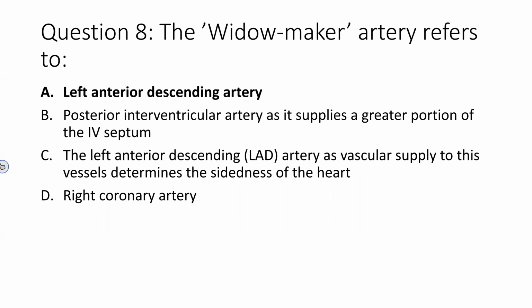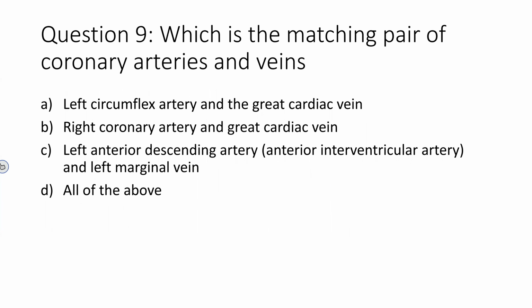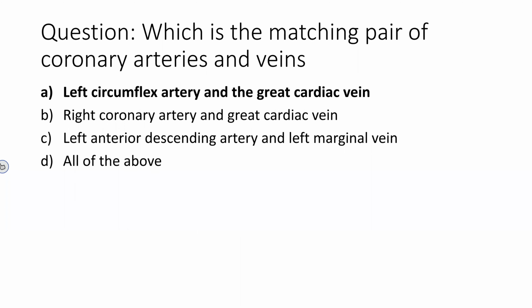It's the anterior descending artery. And another question, which is the matching pair of coronary arteries and veins? It's the left circumflex artery and the great cardiac vein.